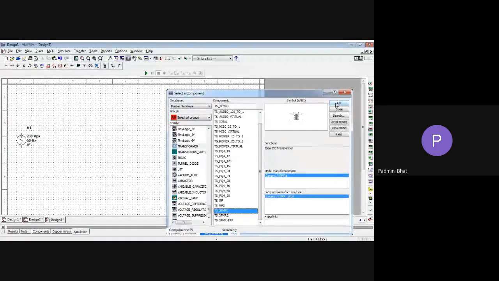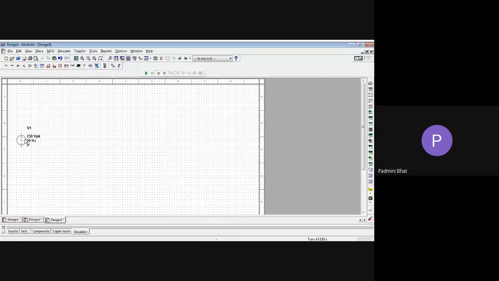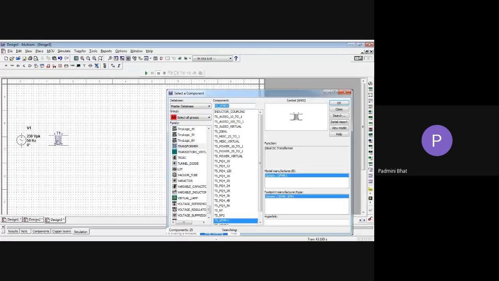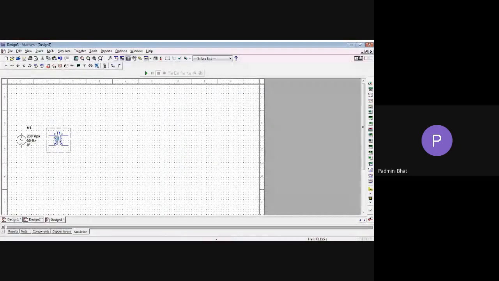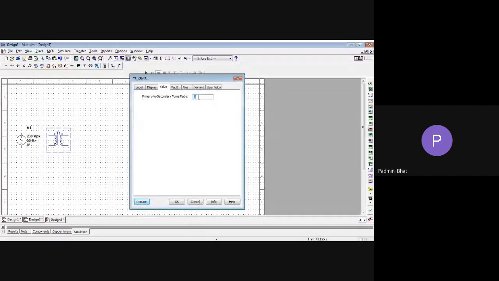Later if you are trying, it is TS_XFMR1. Okay, place it. And the ratings are ratio 1:1 or 0.07, because from 230 it has to come down to 5 volt. Okay, so place that.